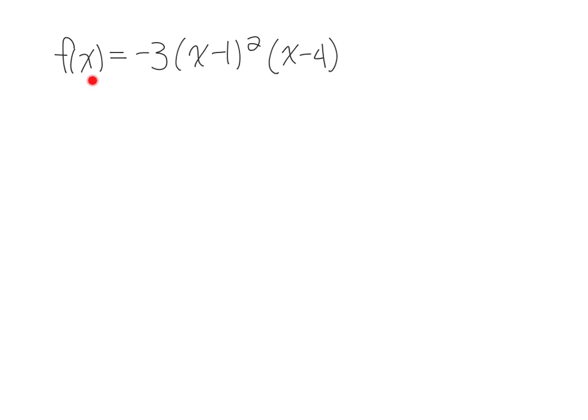Here's the same function. Now we need to find out what the leading coefficient and the degree of this function is. And from that we can tell what the end behavior is. We can already know what the degree is by looking at the multiplicities of these zeros.